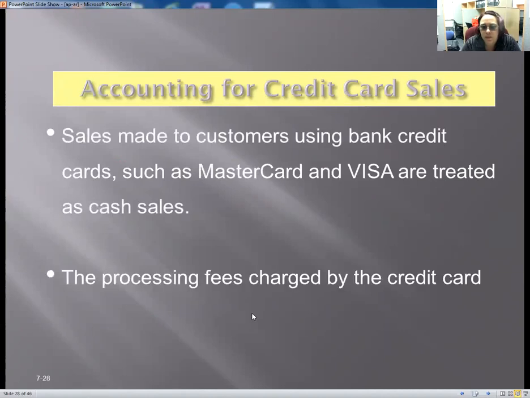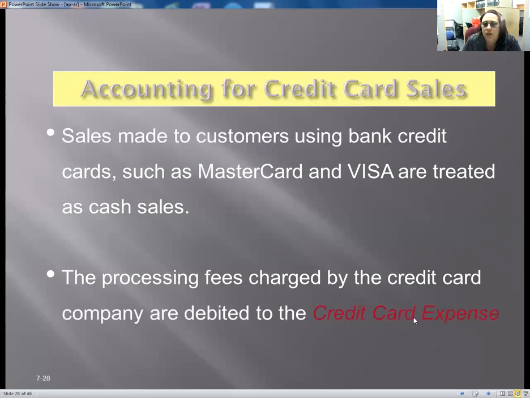Correct. The processing fee charged by the credit card company is debited to credit card expenses. Generally, the business eats those expenses. It's part of cost of goods because it's part of the process of you selling that item or producing that service, and you can expense it on your books.